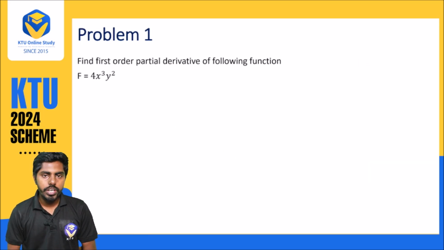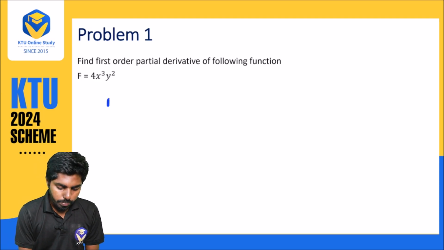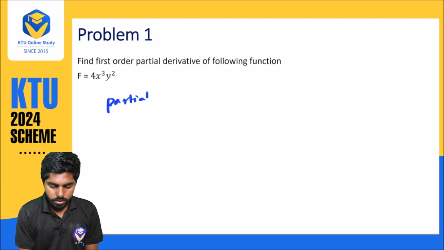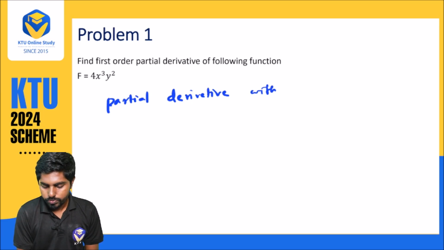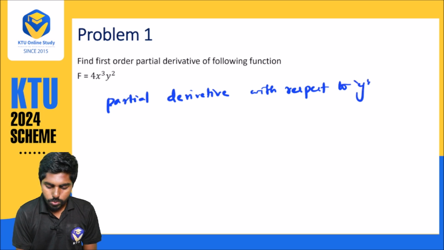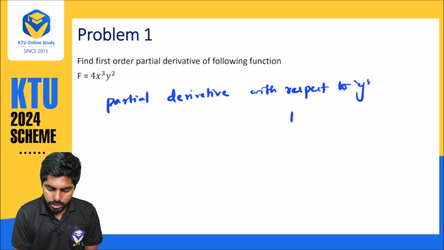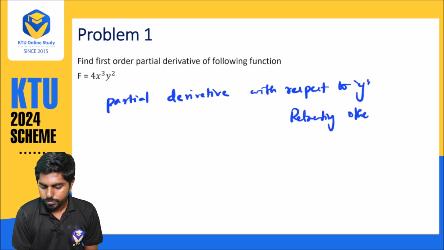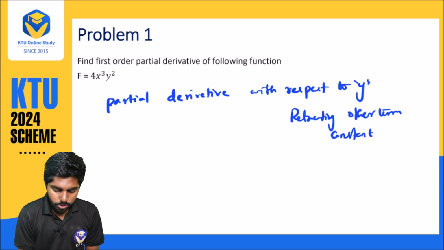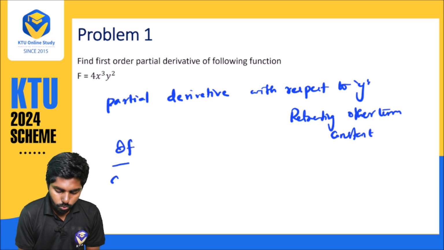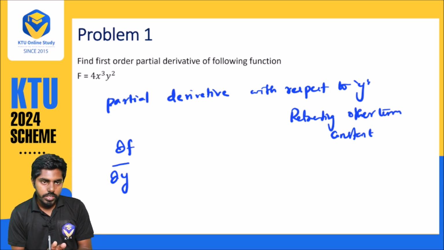Now the partial derivative with respect to y. That means treating the other term as a constant. So it will become dou f by dou y, differentiating with respect to y.